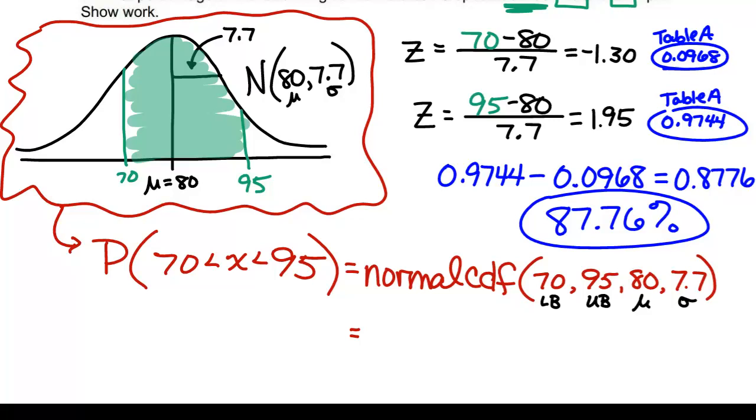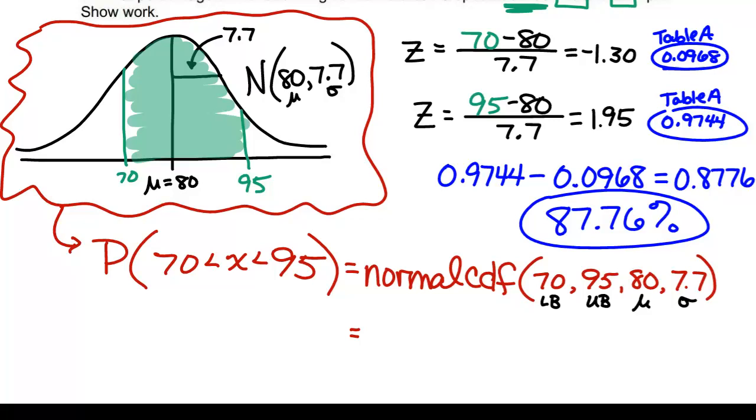How do I get to normal CDF again? Second, vars. Second, vars is right next to the clear key. Normal CDF, option number 2. Lower bound this time was 70, and then you need a comma. Upper bound is 95, then you need a comma.